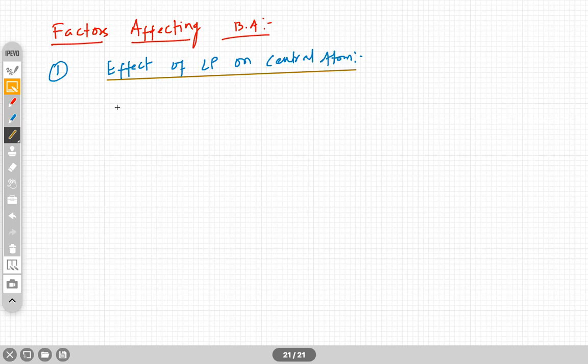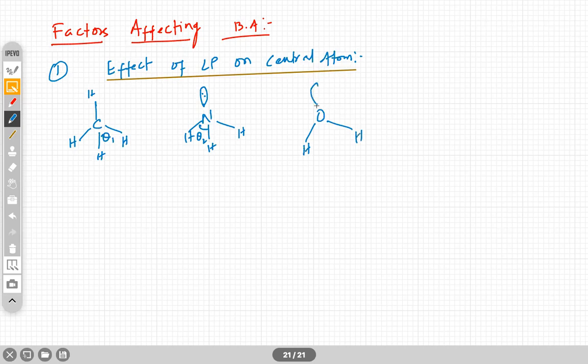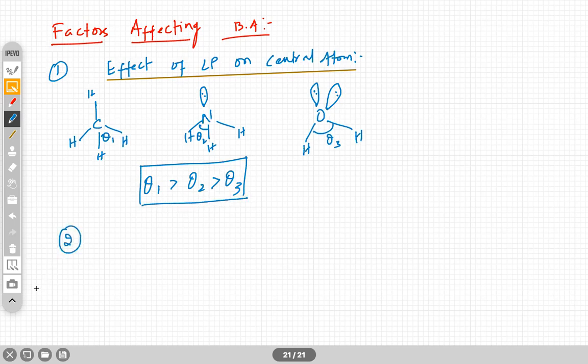Best example we have theta 1, theta 2, and oxygen, theta 3. So theta 1 is maximum, then theta 2, and then theta 3. As the number of lone pairs on central atom increases, bond angle decreases.